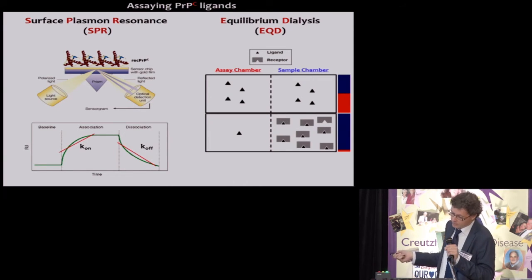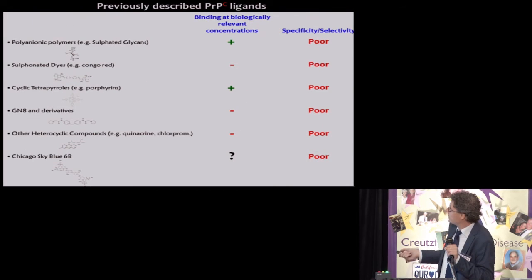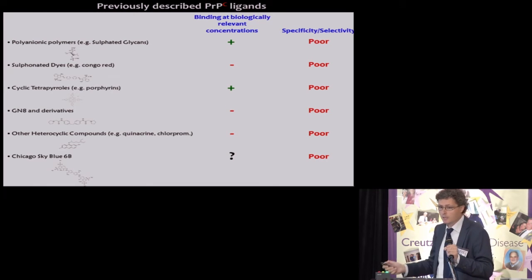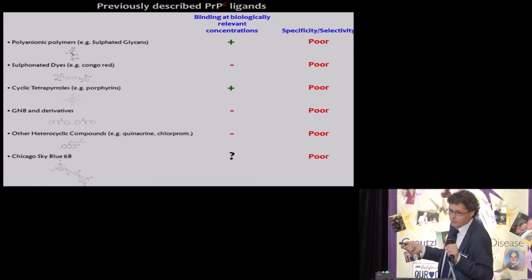So we used these two different techniques to test the hypothesis that some of the molecules claimed in the literature to be PrPC specific actually really were. To our surprise, though, we found some compounds that were really binding to PrPC, but in a non-specific fashion, meaning that they were probably binding to PrPC on top of several other proteins or cell components.